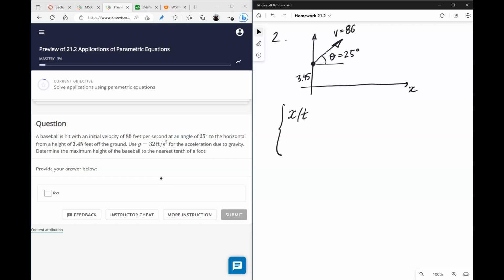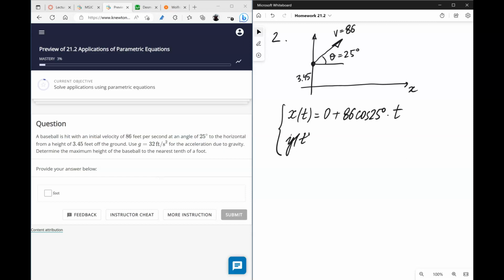So x of t will be equal to the initial value of x plus the initial velocity times cosine of 25 degrees, so let me write 86 cosine of 25 degrees, all that times t.